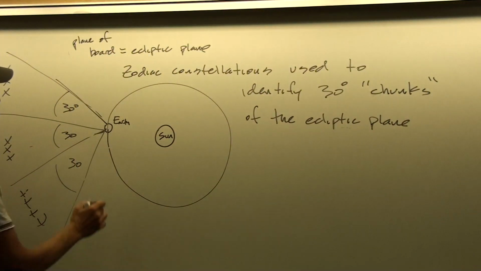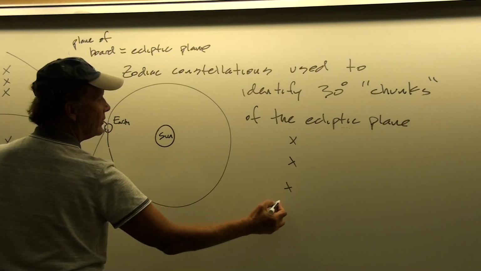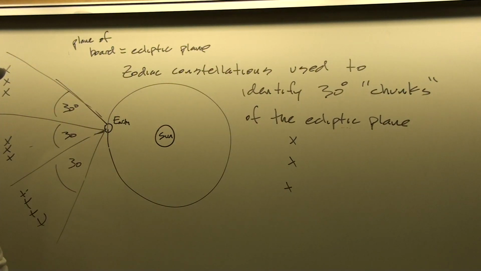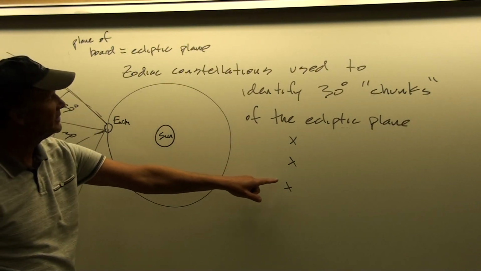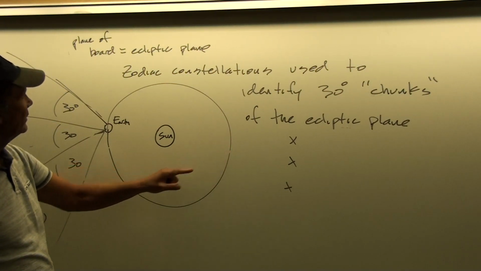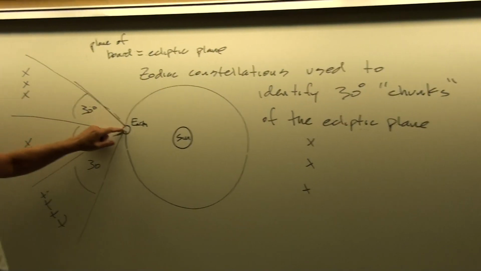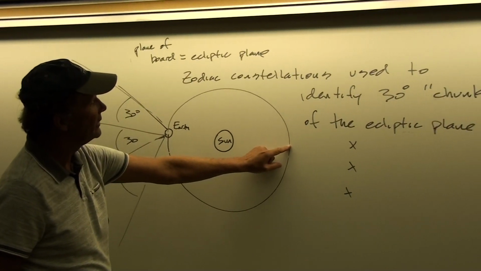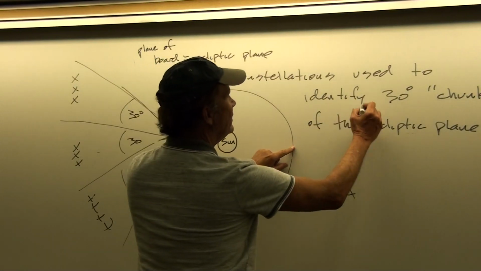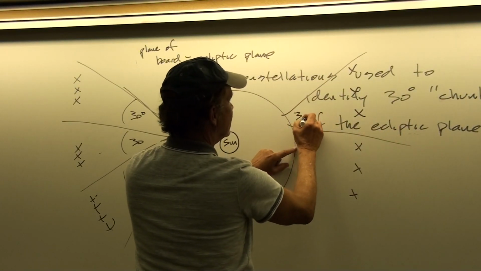And so if you're looking this way, there are also going to be ecliptic or zodiac constellations out there too. But you're not going to be able to see them until you get around to this side. Similarly, the ones that we can see now, we're not going to be able to see when we get around to that side. We'll be able to see these just fine. That'll be 30 degrees.